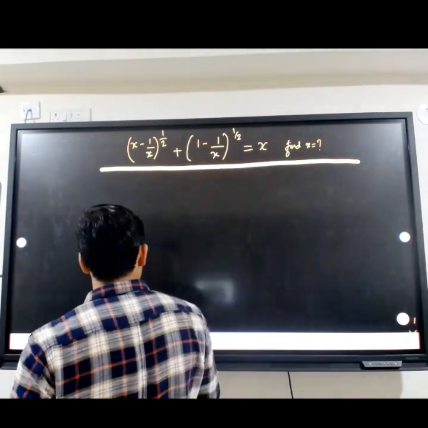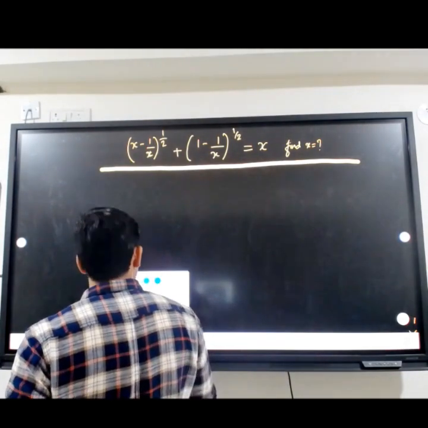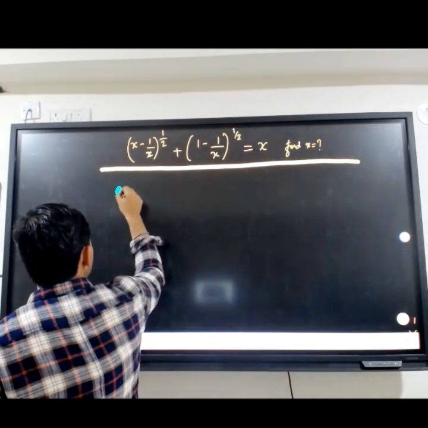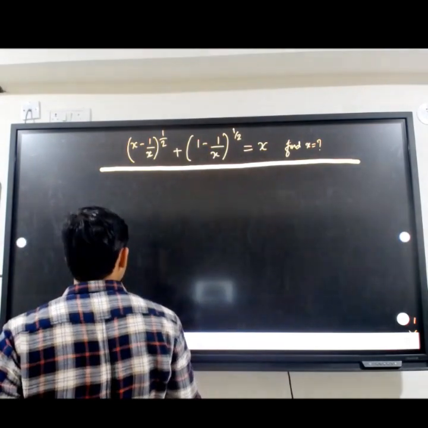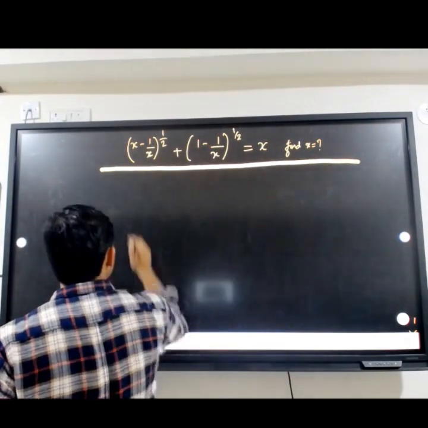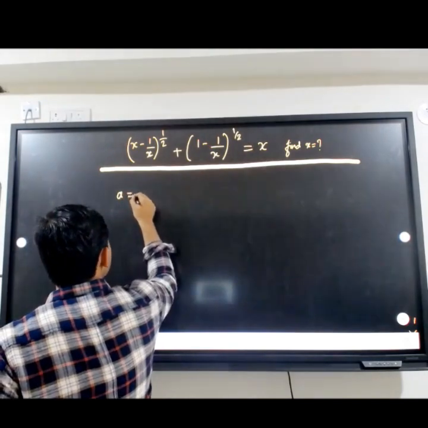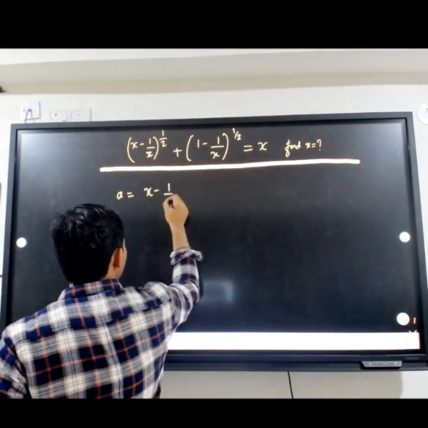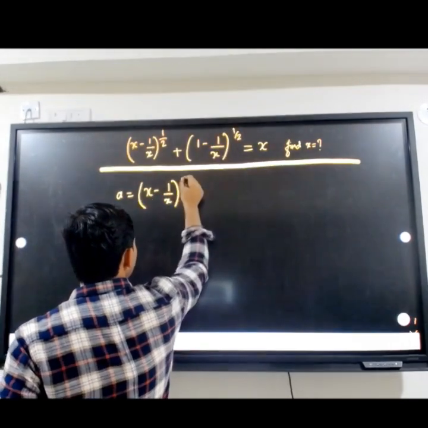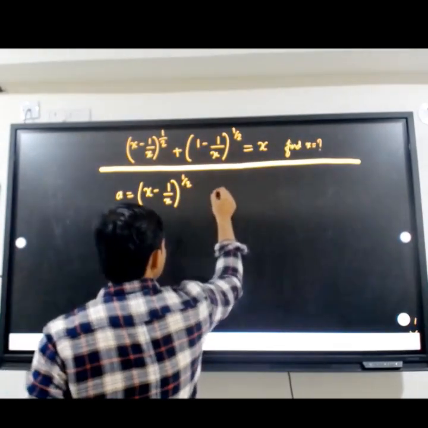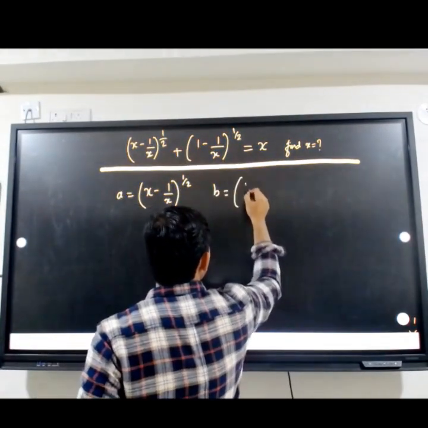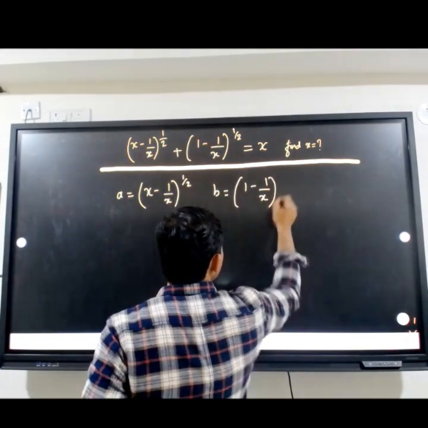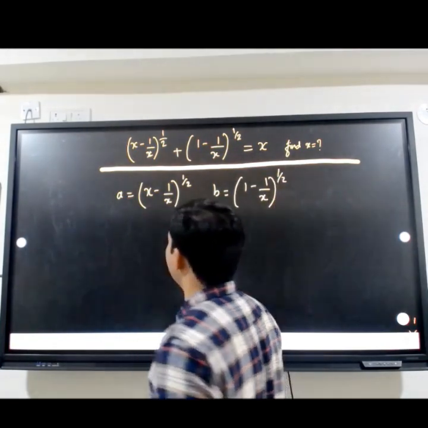So first thing is, assume this term a equals (x − 1/x)^(1/2), and assume b equals (1 − 1/x)^(1/2).